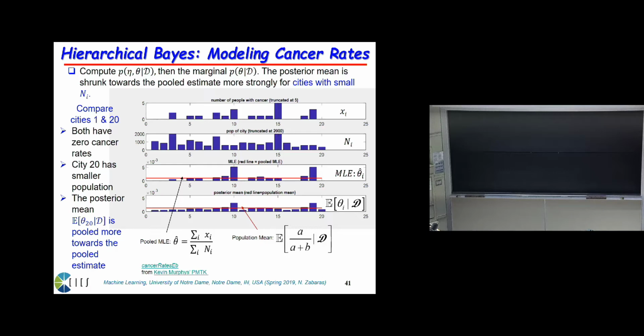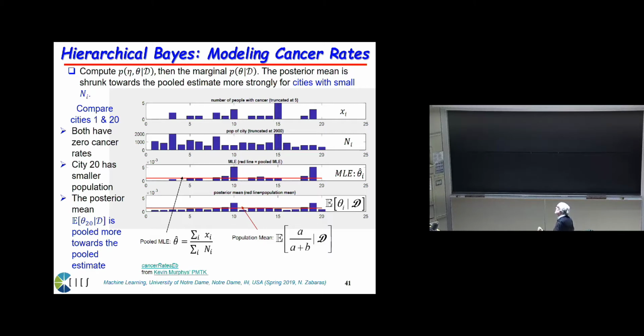And this is the mean of the posterior, given the data. You can see the mean of the posterior is everywhere non-zero. So even in the cities where the cancer rates were 0, you don't get any 0 now. Why? Because you don't rely, for example, on cities 16 or 17, you don't rely on the information locally to make decisions.